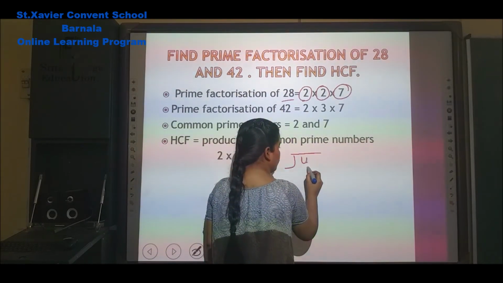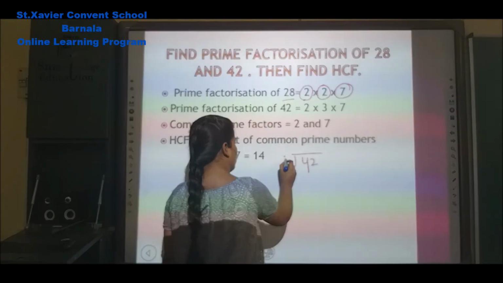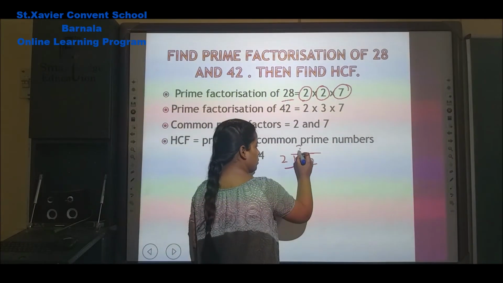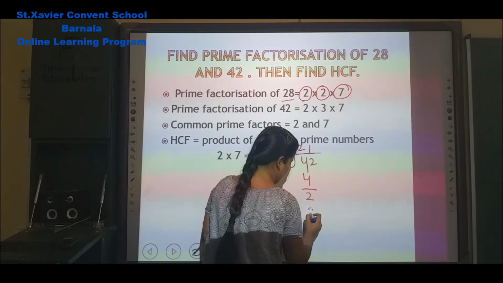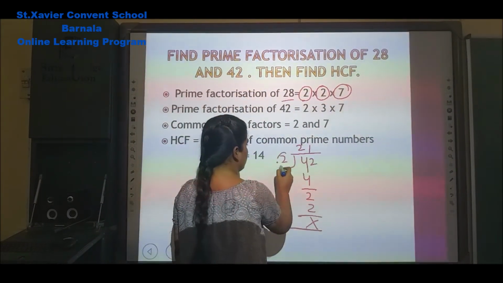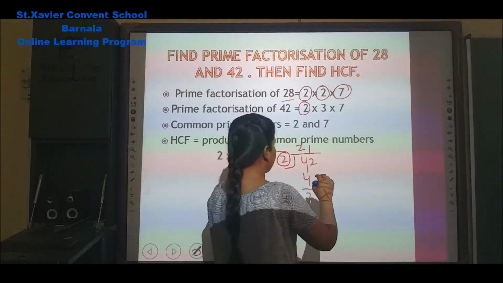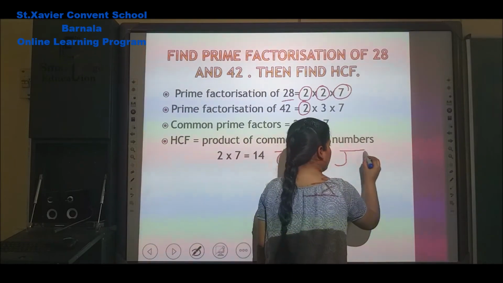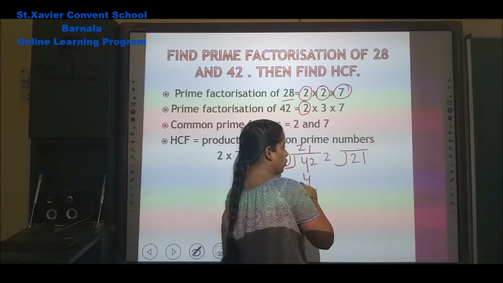First divide 42 by the first prime number 2. So 42 divided by 2 is 21. So 2 is the first prime number. After that we divide 21 by the first prime number 2.